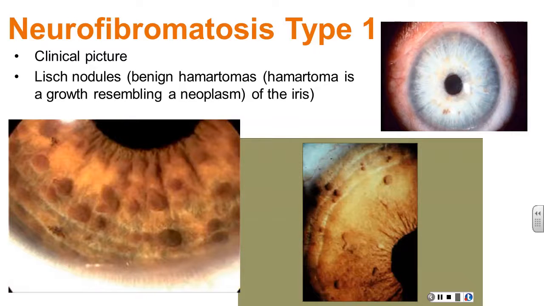These are benign hamartomas. A hamartoma looks like a neoplasm, like some type of tumor, but it's still retaining some of the properties of the original tissue from which it's derived, and in most cases, it's benign as well.